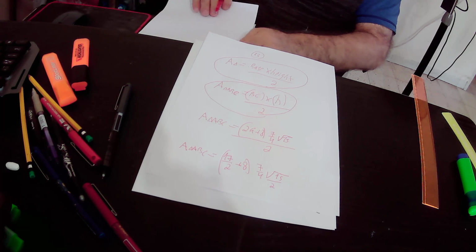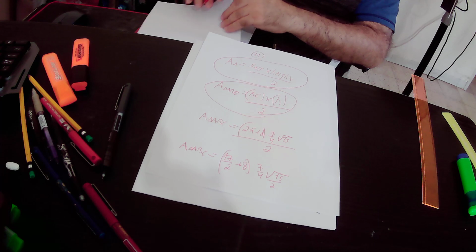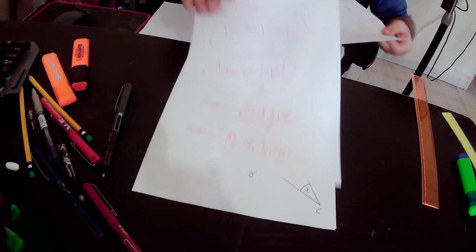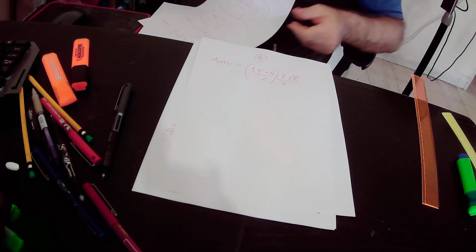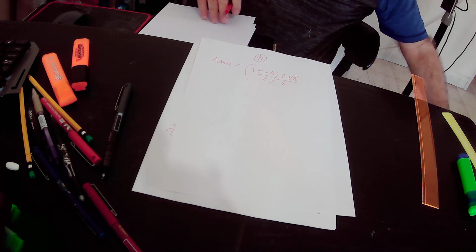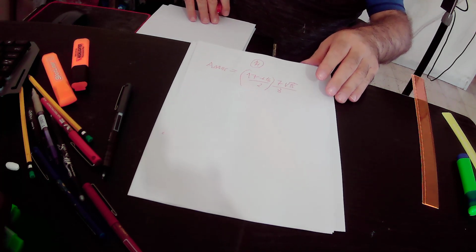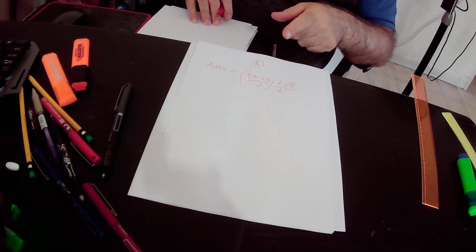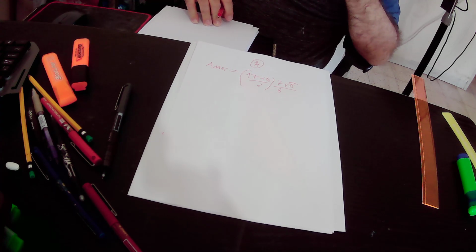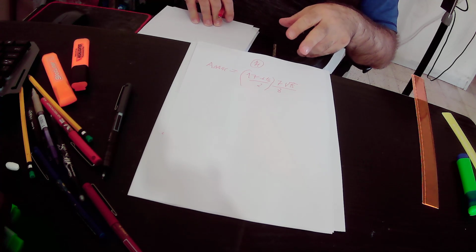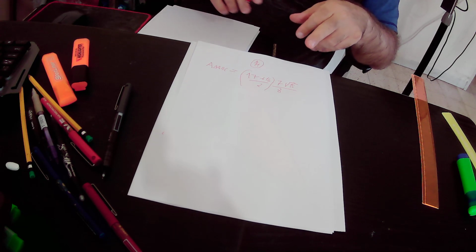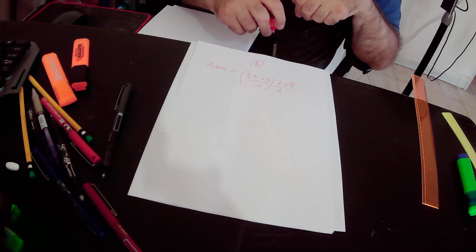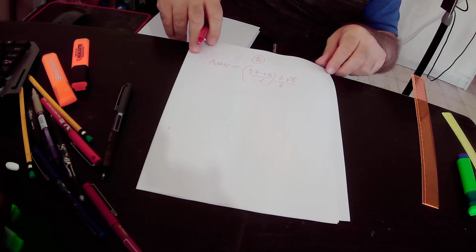So in total we found that the area of triangle ABC equals 17 plus 16 over 2 times 7 times root 15 over 8. 2 times 8 is 16, and 17 plus 16 is 33. So I write it down.